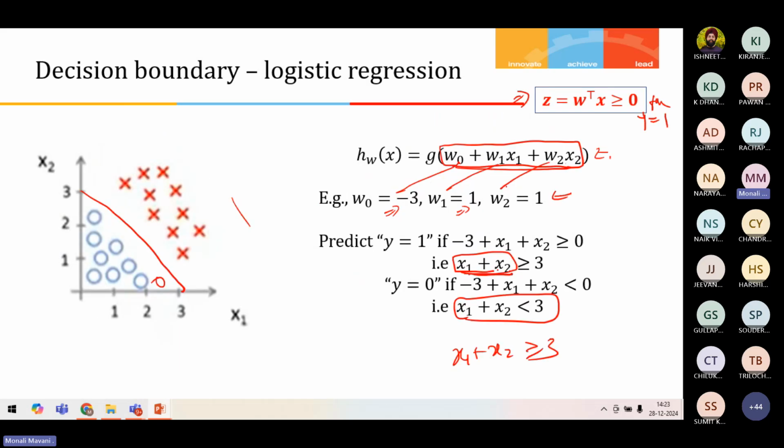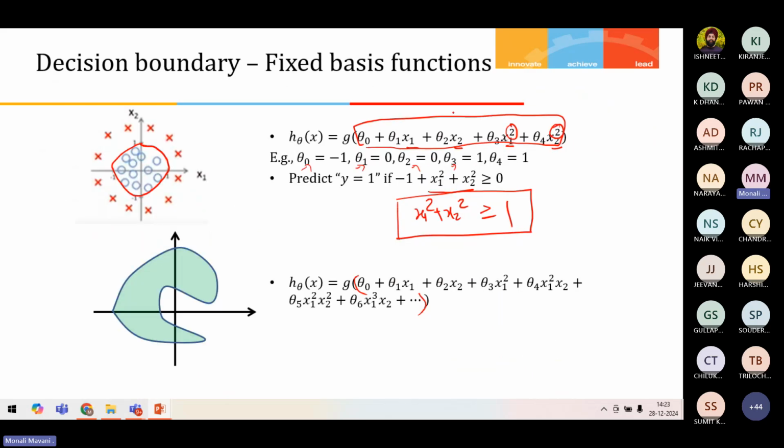Logistic regression uses W transpose X, which is linear. But now that we have seen the linear basis function, I can change the basis function and come up with such non-linear functions, and then use them for a non-linear decision boundary. It is the same concept you have learned in linear regression. Linear regression can pass through linear data points.